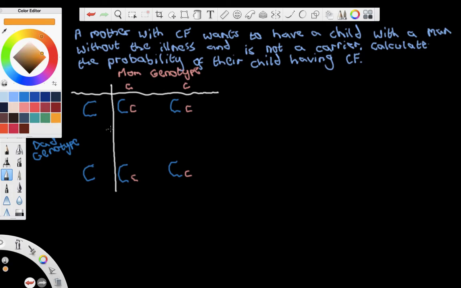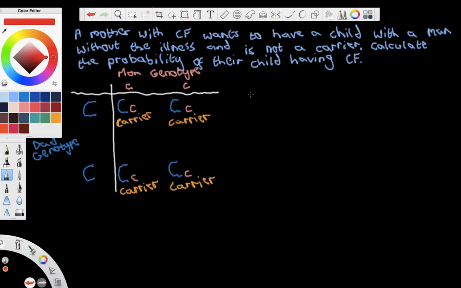Therefore, the phenotype of their child will be a carrier here, a carrier here, a carrier here, and a carrier here. If each cross is worth 25%, they have 100% chance of having a child that is a carrier. Their child will be a carrier. Okay?